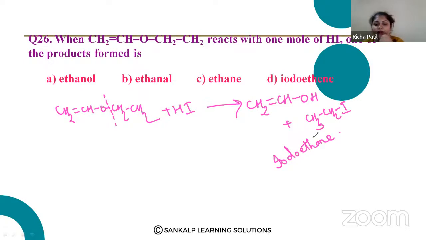So this is iodoethane, and the other is vinyl alcohol. So the product is given as ethene. We have found iodoethane, right? The iodide ion will attack the sp3 carbon. One of the products formed is CH2 double bond CHOH.